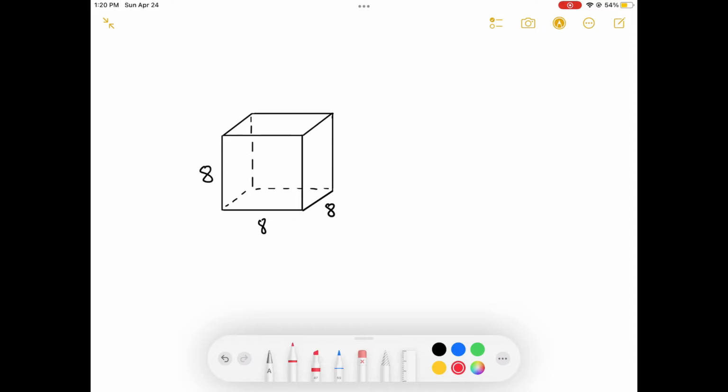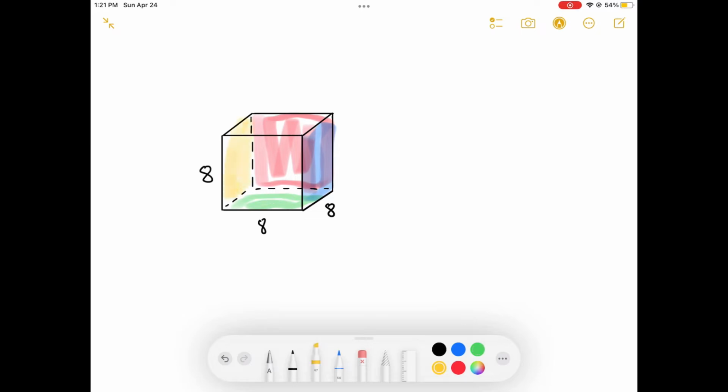So you would have all these sides added up. You would have the back side, right? Find the area of that plus the area of this side, and all those areas added up.